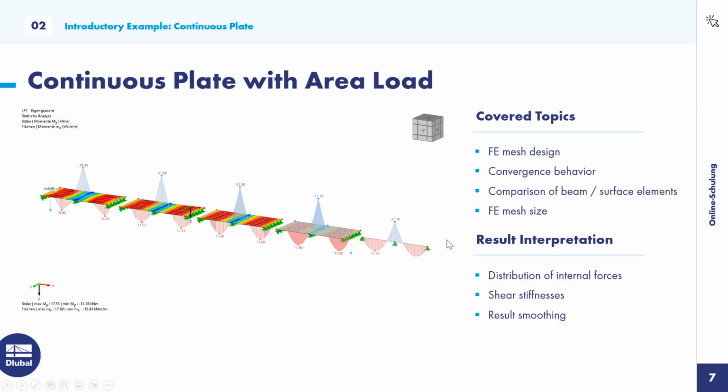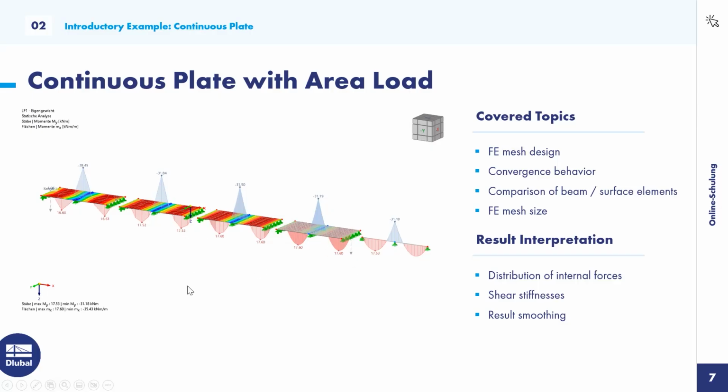First, let's talk about our investigation, what we're going to do in the first model. We're going to investigate a continuous slab. So we see it right here. It's just a slab with 3 line supports, one in the middle and one at each end. And then we're going to investigate the size of these finite elements.